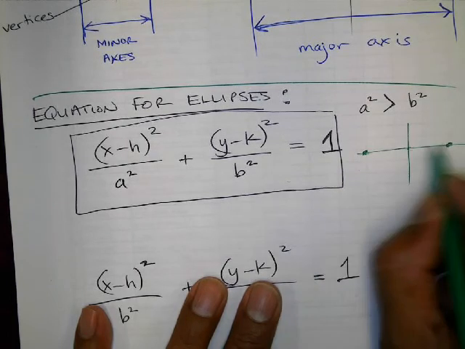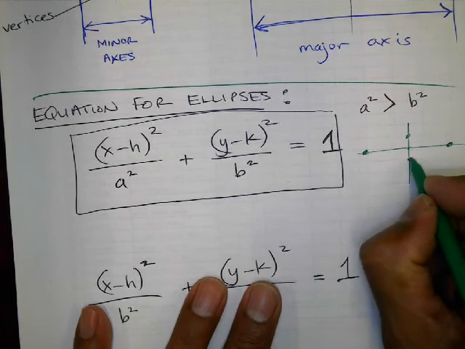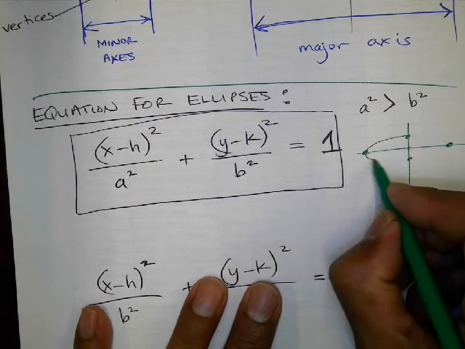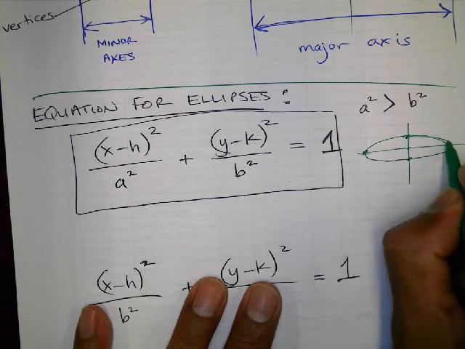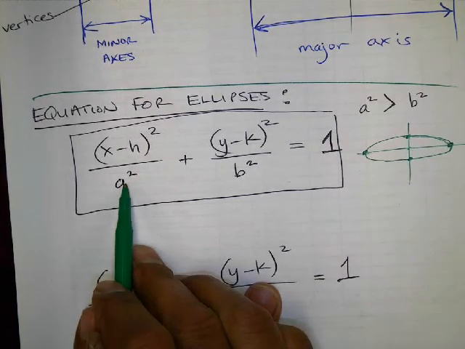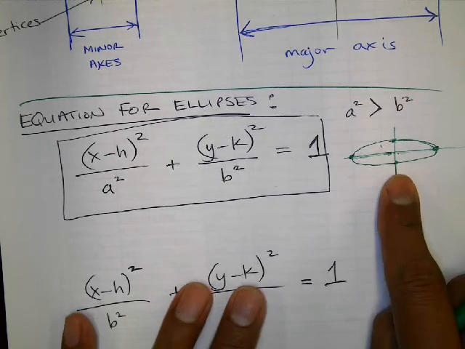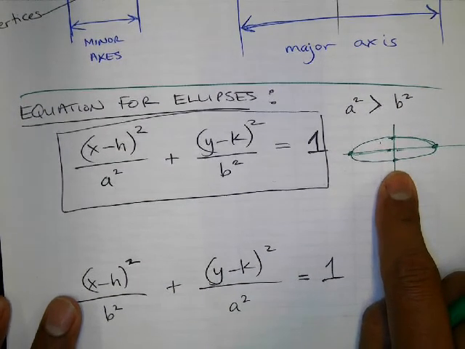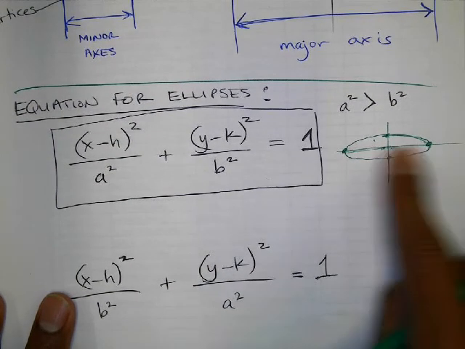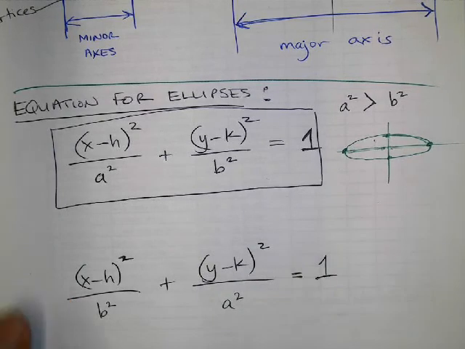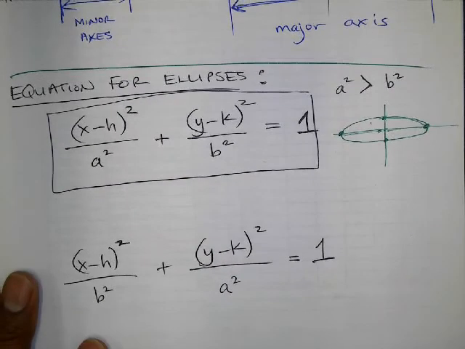That means you go longer on the x. So these points will be longer, these will be shorter. The x-axis is this way, left and right. That means you'll graph an ellipse that's longer horizontally.